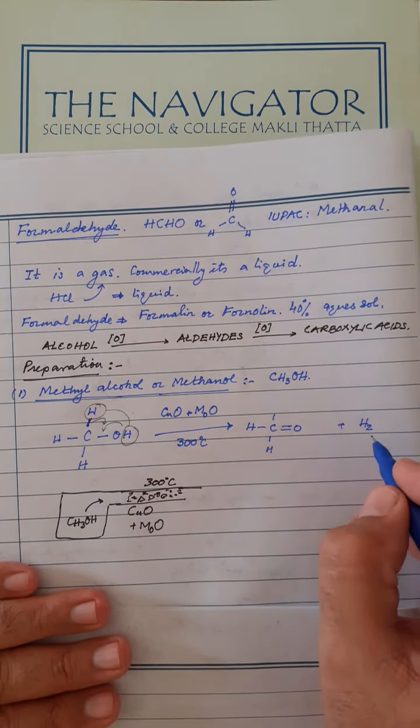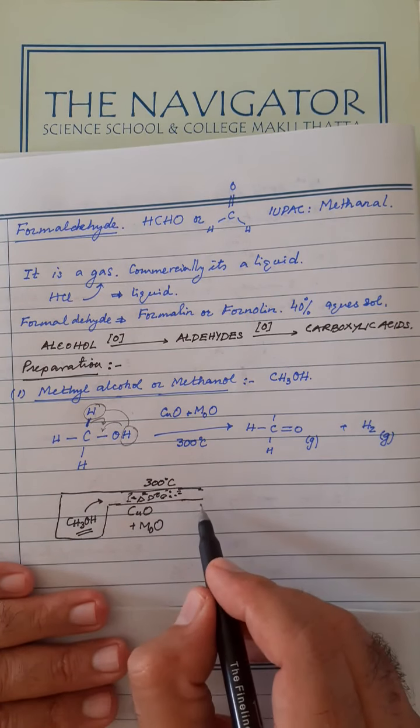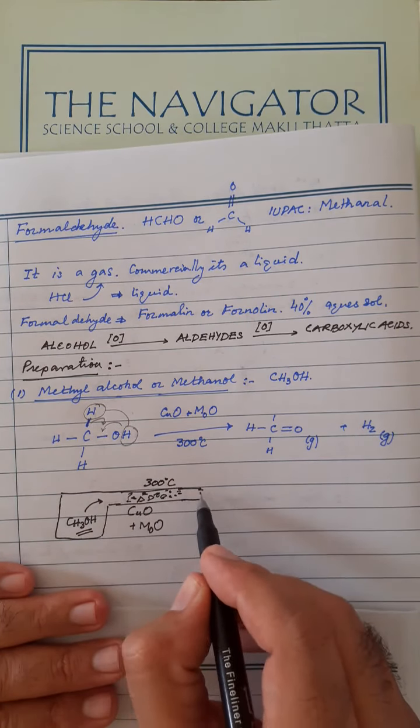Now, if the vapors of methanol pass through the mixture of this oxide and heated, then as an output, you will find out that there will be a mixture of two gases, methanal gas and hydrogen gas.